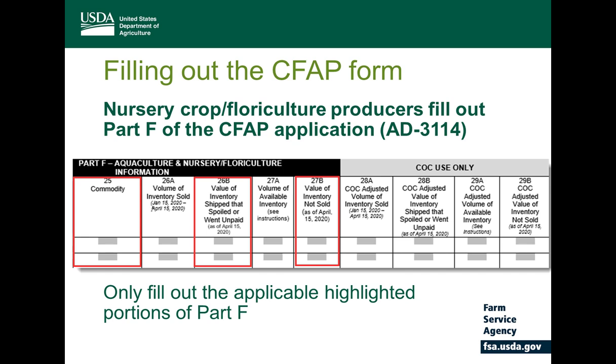Then item 26B is that first category, and item 27B is that second category. So 26B is where we give the value of the inventory that shipped and spoiled or went unpaid as of April 15th of 2020. Category 2 is the value of inventory not sold as of April 15th of 2020.